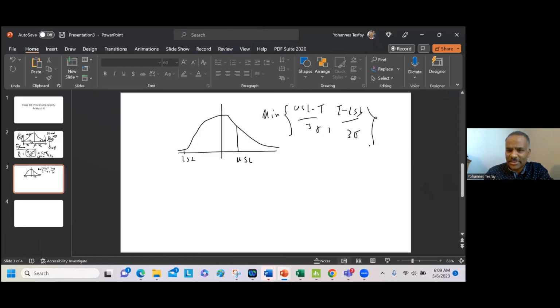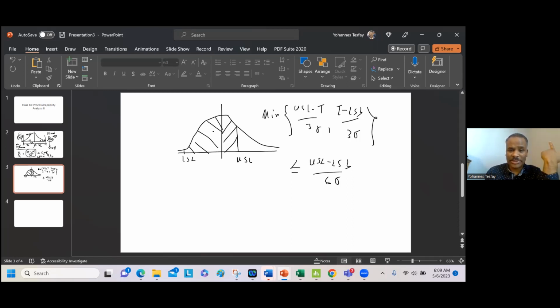You see, in this scenario, I want to hit the area, this area is less than this area, isn't it? So by this scenario, this is always less than or equal to upper specification limit minus lower specification limit divided by 6 sigma.